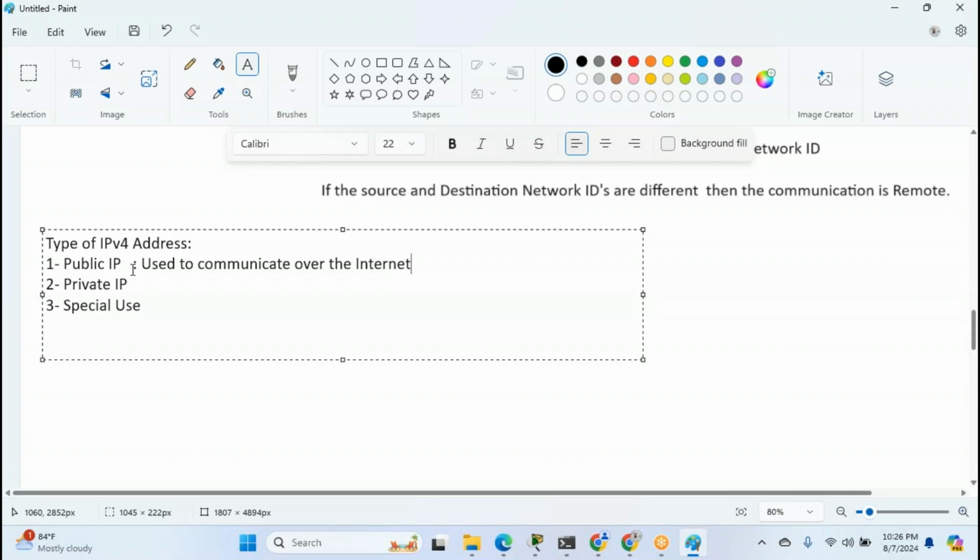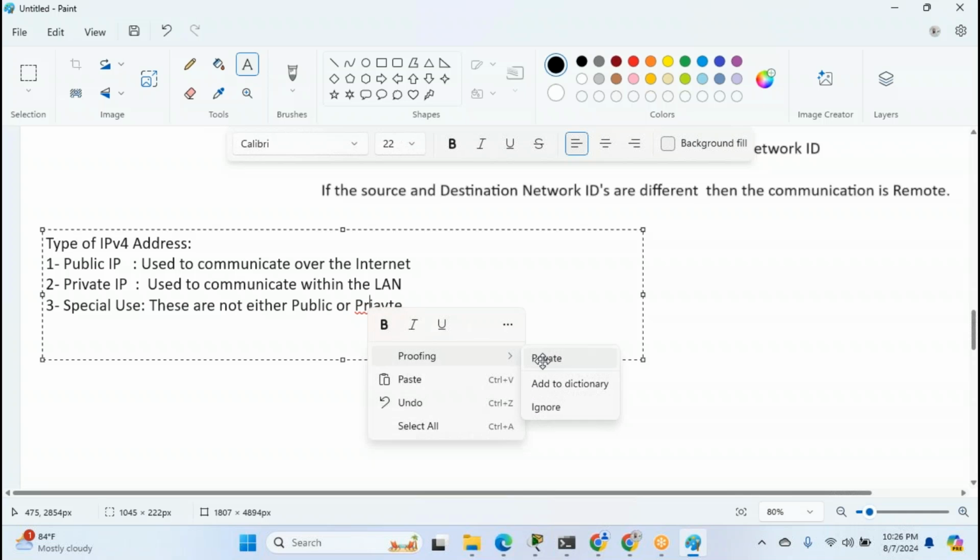An IP address used to communicate within the LAN is called a private IP address. Special use IP addresses are not either public or private. When we discuss these IP addresses, we will discuss again which addresses are called special use.